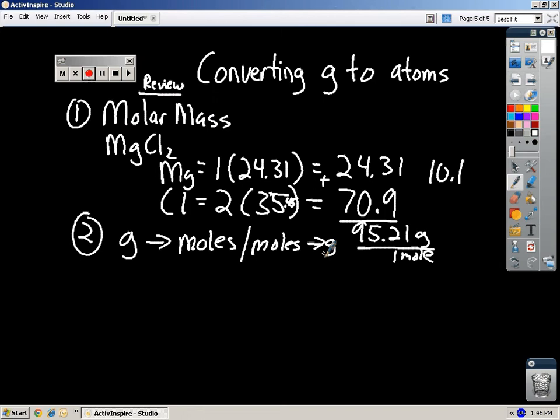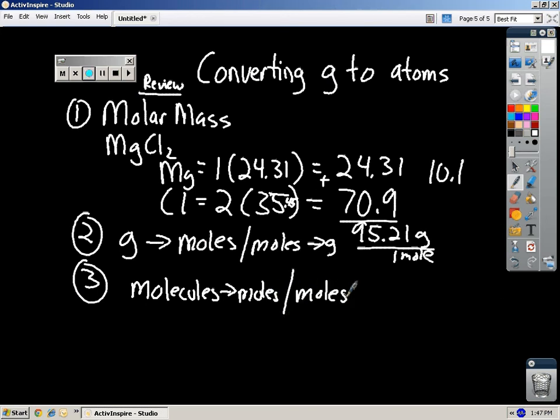The third part that we've looked at is we learned how to take moles and convert it to molecules or atoms. That's the third thing that we've learned so far in this unit.